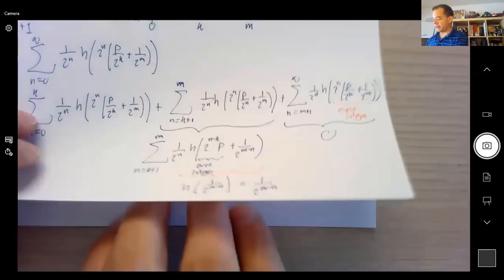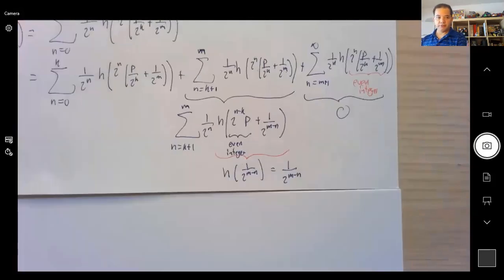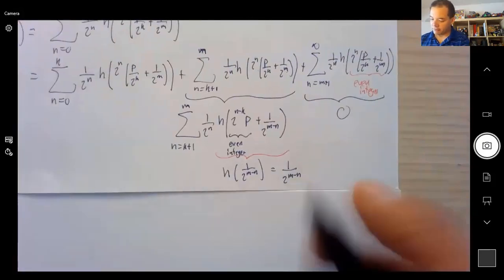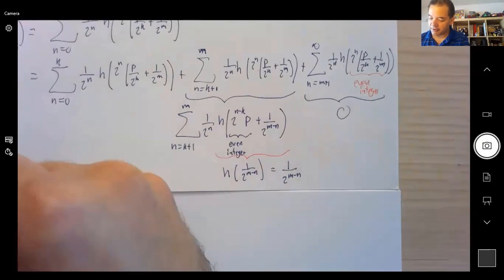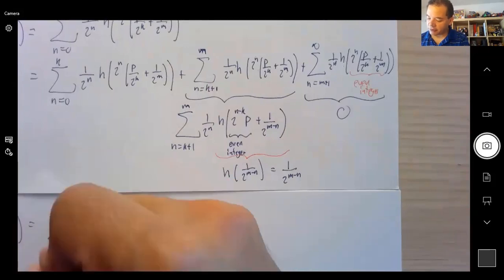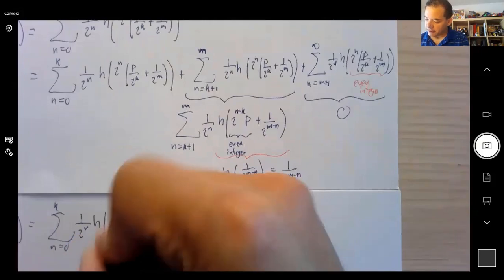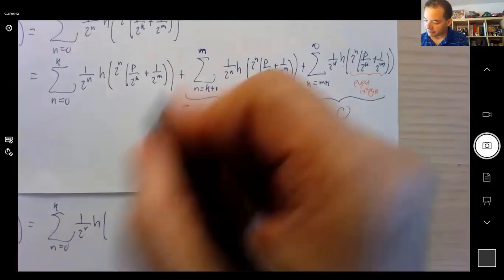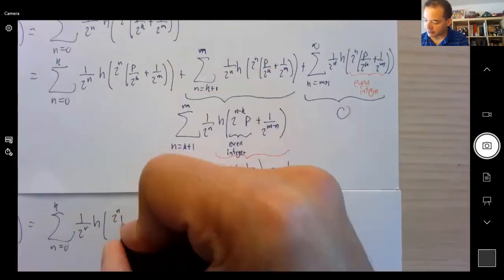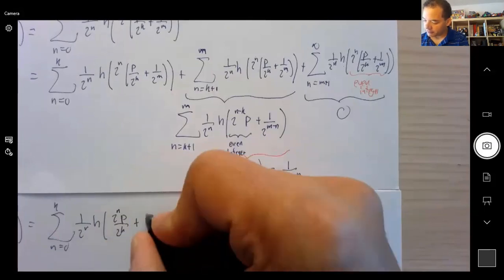All right, so let's do it. Let's go back to the main one. So what is it that we have? We're going to write it over here. We have the first sum that we haven't touched. I'll write it here: 2^n p over 2^k plus 2^n over 2^m.